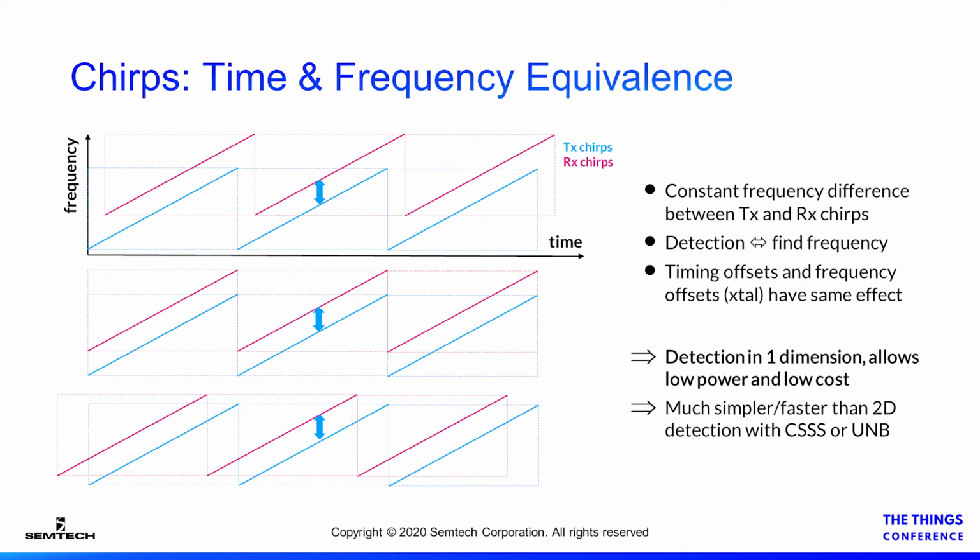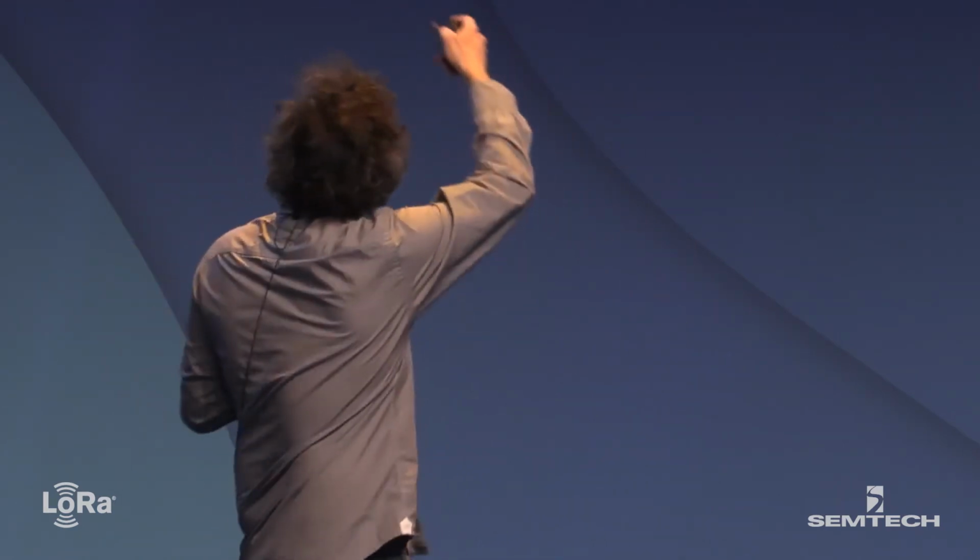So several combinations of frequency and timing error yield the same result, which means that we're not searching in two dimensions anymore. We're not searching in frequency and time space, but we're only searching in frequency minus time, just this one dimension, which is here.